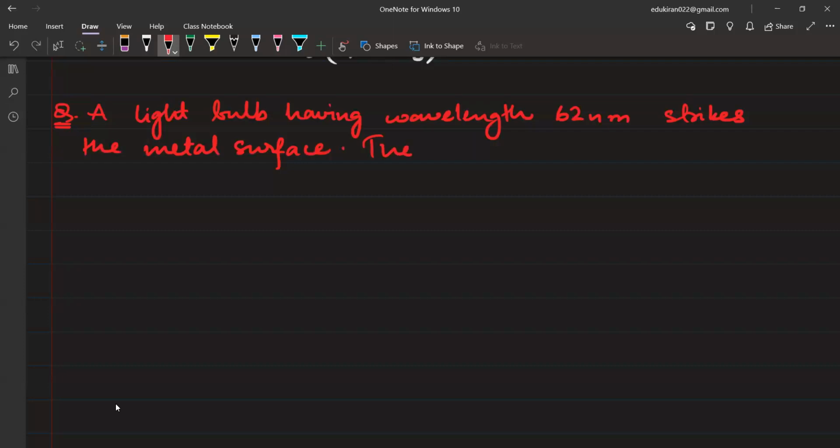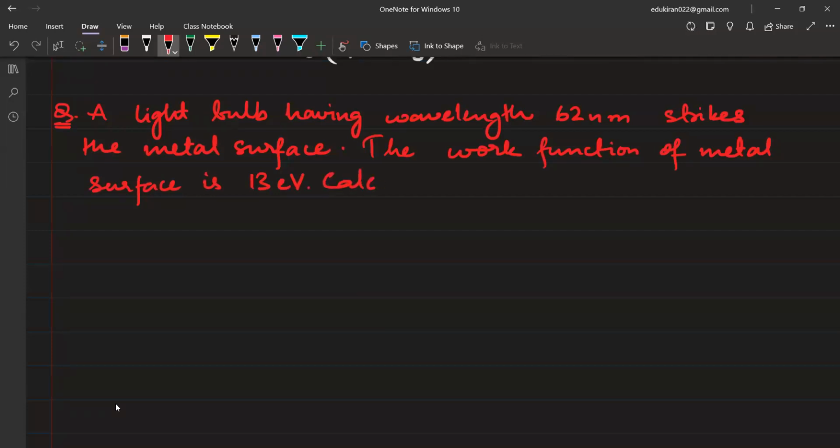The work function of metal surface is 13 electron volt. Calculate the kinetic energy of electron ejected.